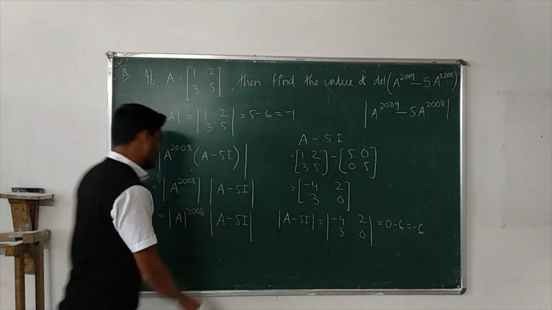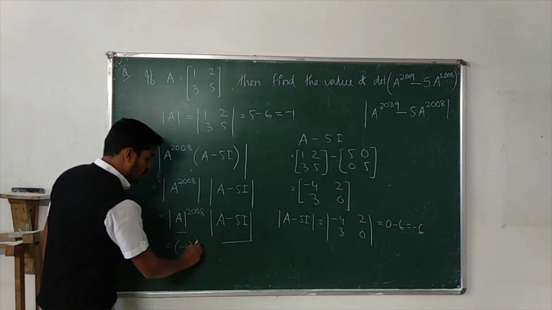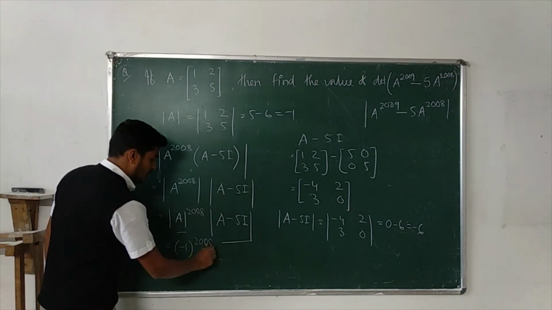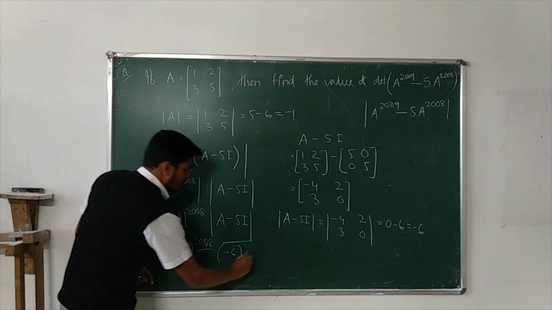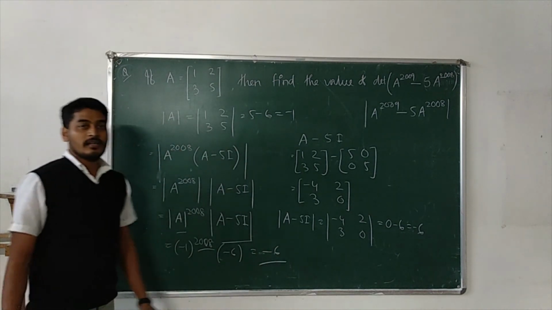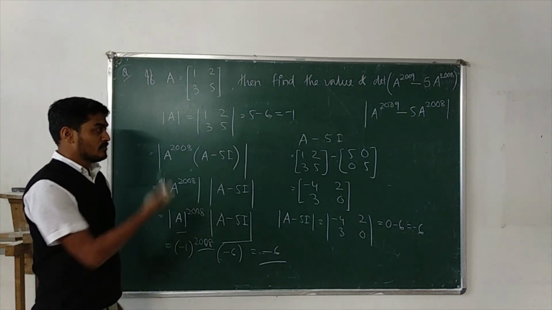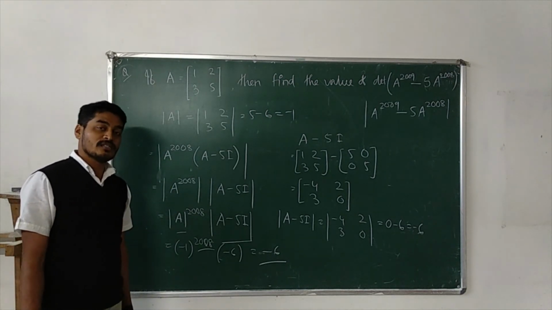That means the determinant value will be minus 1 whole to the power 2008, which is an even number, so it becomes plus, and into minus 6. The answer is minus 6. Very simple procedure, but initially from the observation you may think that the question is difficult.